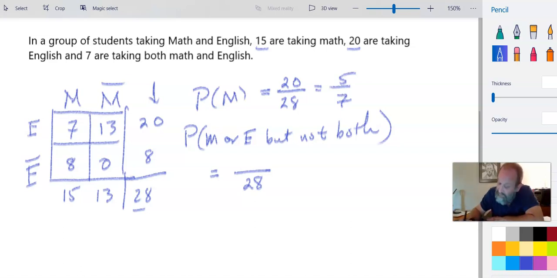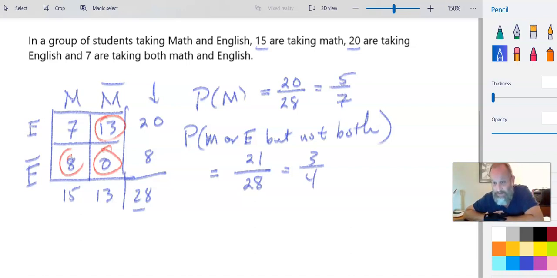Anything that's not both, this and this, are the things we're going to be adding up. And so I end up with 21 here. And if I simplify that, that's 3/4. Oh, and that's actually a complete coincidence that it happens to be three-fourths of the thing too, because typically that's not how it works out.